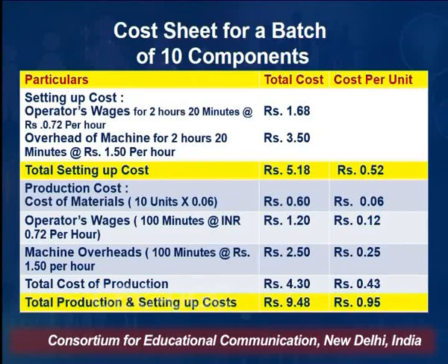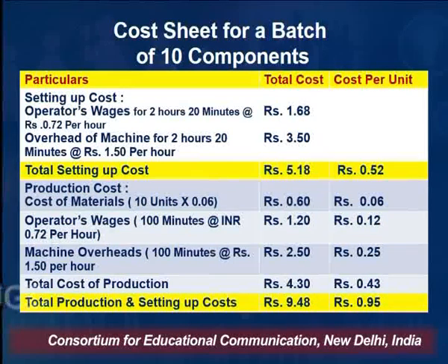Operators' wages, it is of course linked with the minutes, the time. So since they are having 10 minutes time for 1 unit and total is 10 components, so 10 into 10, 100 minutes multiplied by 0.72 per hour. So for 60 minutes the cost is 72 paisa. What will be the cost for 100 minutes? And it comes to be 1.20 rupees.